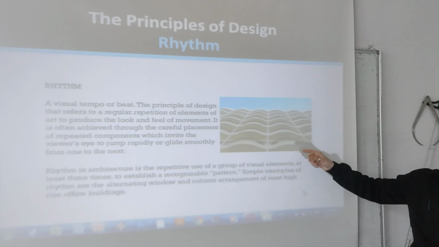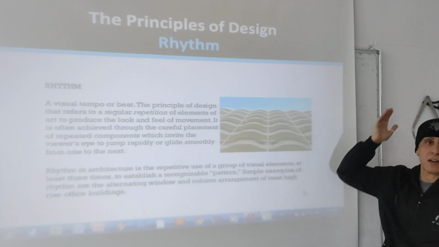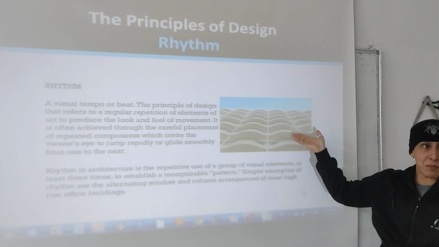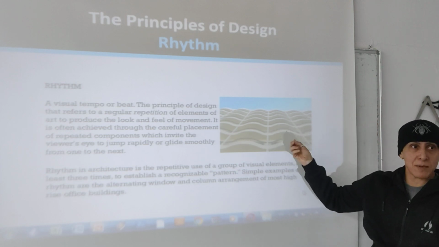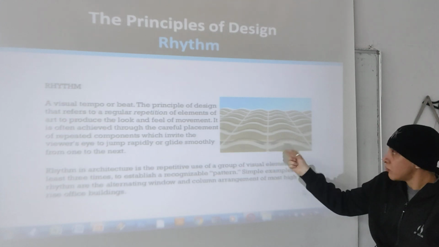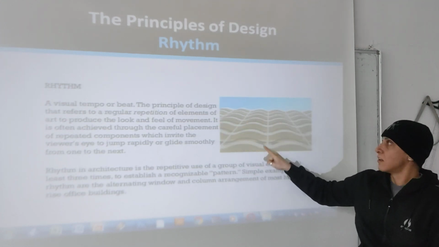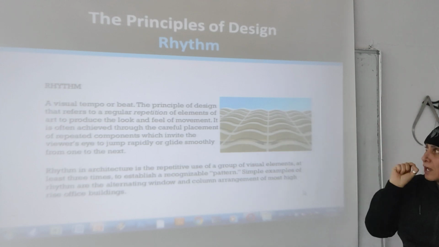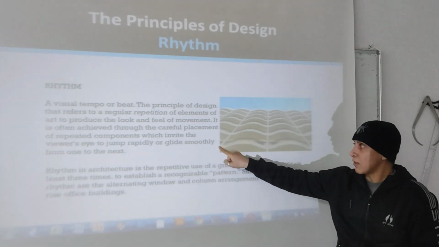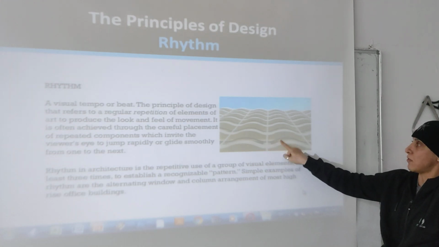So when we have visual rhythm, for example, if you look at this composition here, this is a building, but what we care about is the composition, the elements that are used here. If we look carefully, we can actually see lines, okay? If you look at this line, for example, it's a curved line, and then it repeats.